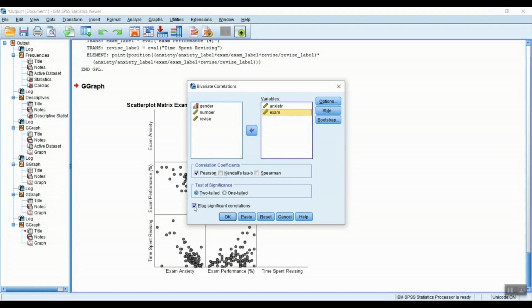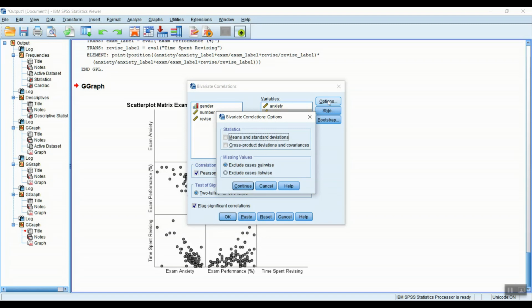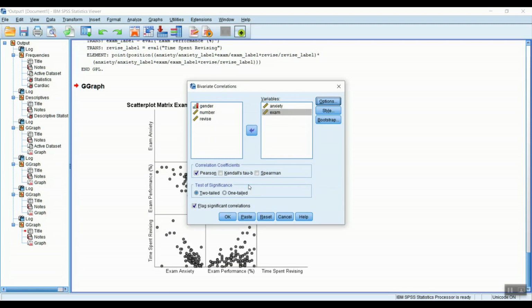We're going to flag significant correlations. We'll just have a quick look at the options. Because it's only 2 variables, we don't need to bother about these just now. We'll just add in revise actually as well. So we're going to look at pairs of correlations, and we'll say OK to that.